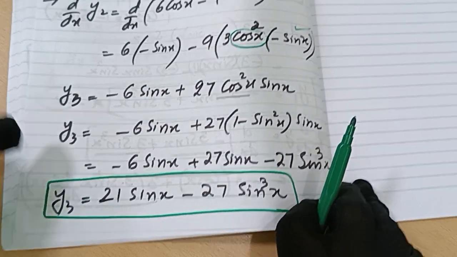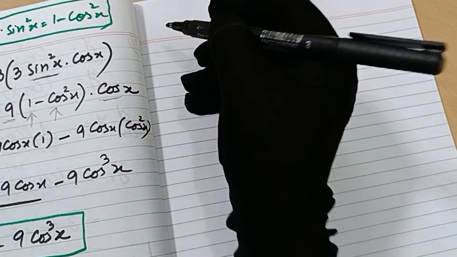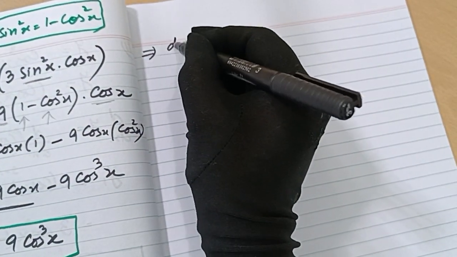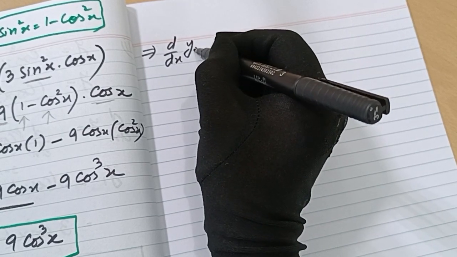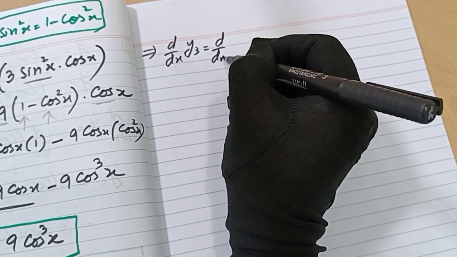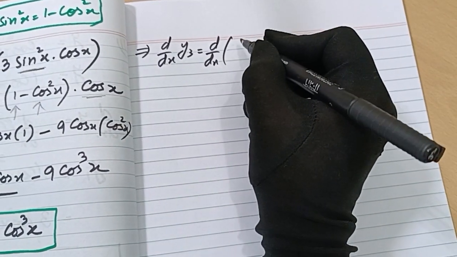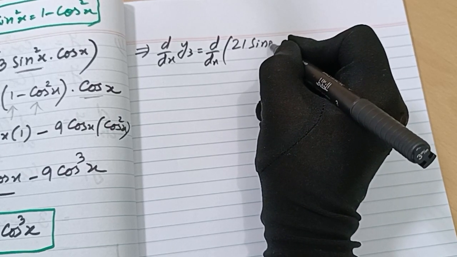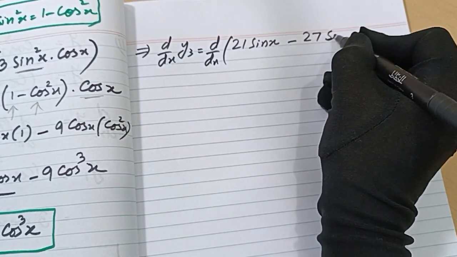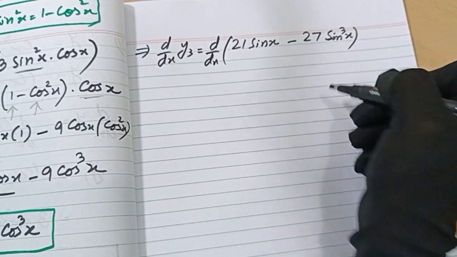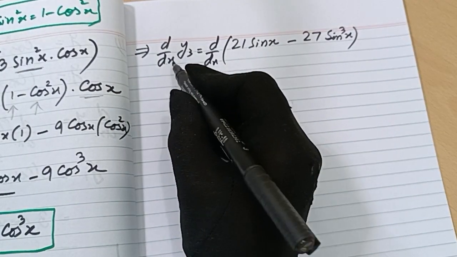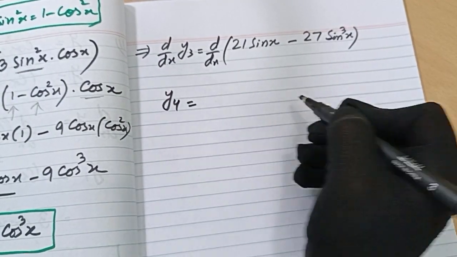Now for the fourth derivative, we can take the derivative of this equation again. So we take the derivative of y3, which is 21 sin x minus 27 sin cube x. This will become y4, the fourth derivative.